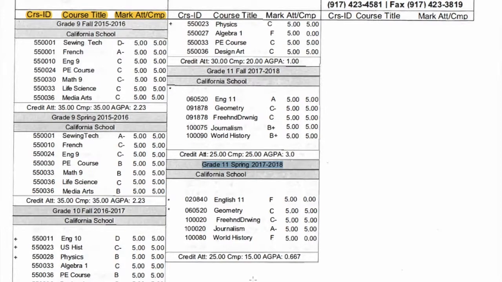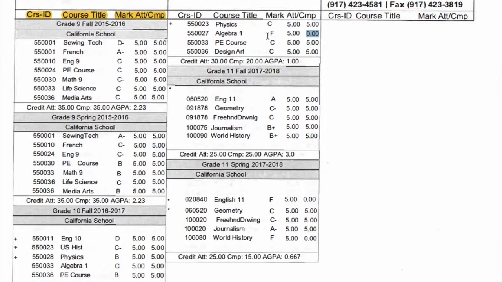So I want to show you the difference between something like a D-, where the student attempted to complete 5 credits for that course and in fact did earn the 5 credits, versus where a student attempted to earn 5 credits and earned an F in that class and therefore received 0 credits. This is something to think about when you're struggling in a class and you have just 1 or 2 assignments or a big test coming up.